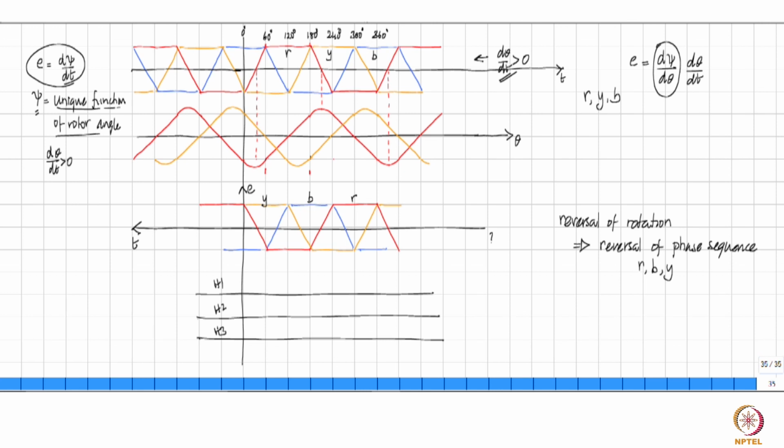So we had put the Hall sensors in such a way that H1 was going high at the time when the induced EMF for R phase was becoming flat. So this was the position of H1, and it remains high for 180 degrees and then becomes low. This is how H1 would behave. And H2 was at this position.